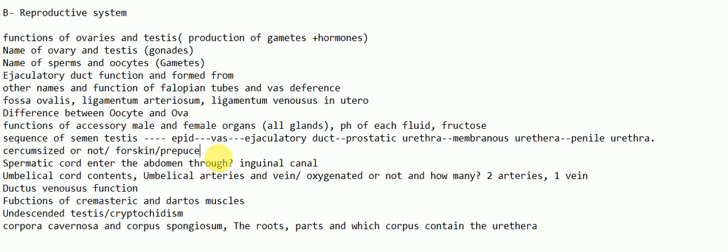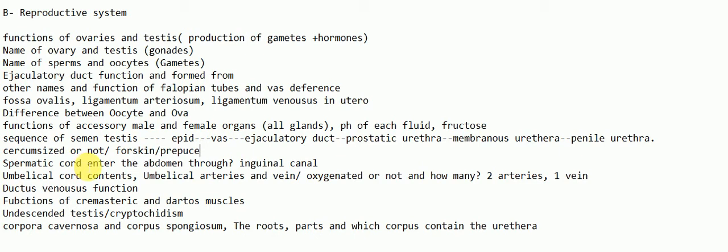Anyway, but how to know that this is circumcised or not? If you see the skin of the penis is extending and covering the glans penis, that will be uncircumcised. But if you see the glans penis obvious and clear and not covered by skin coming from the penis, that will be circumcised.